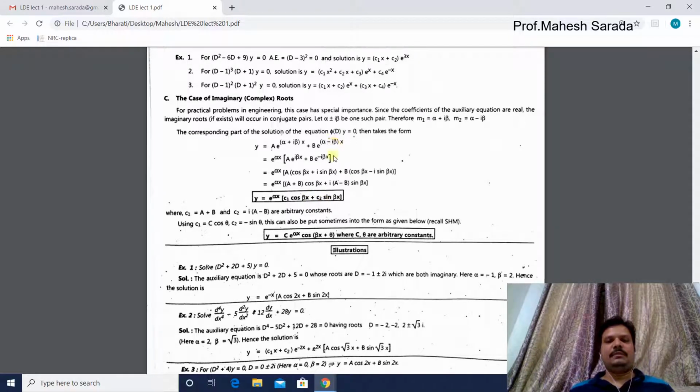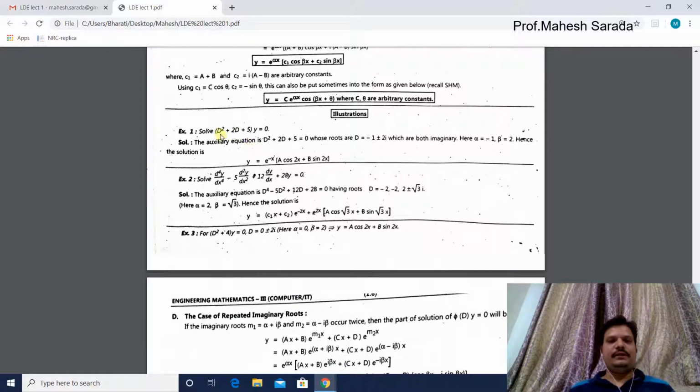The beta part is further used in the solution, and c1 and c2 are the constants. That means if we have roots alpha plus minus beta i, complex non-repeated, then we write the general solution like this.